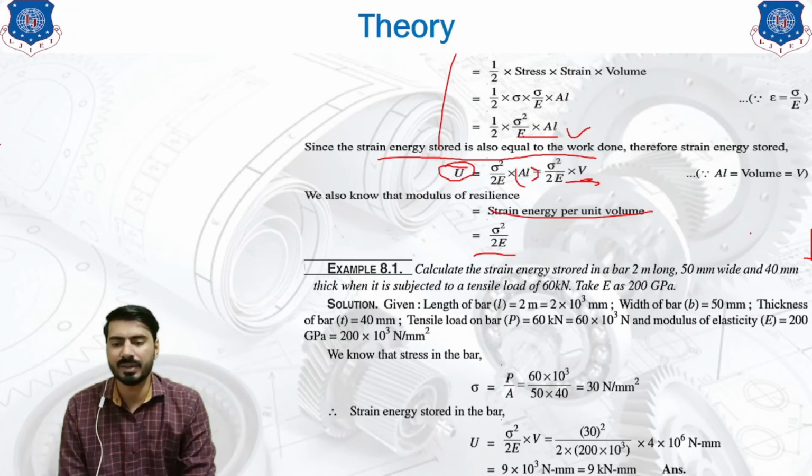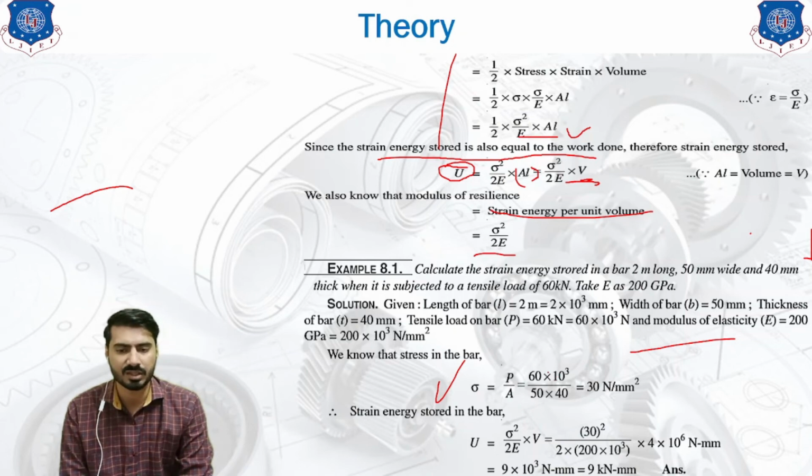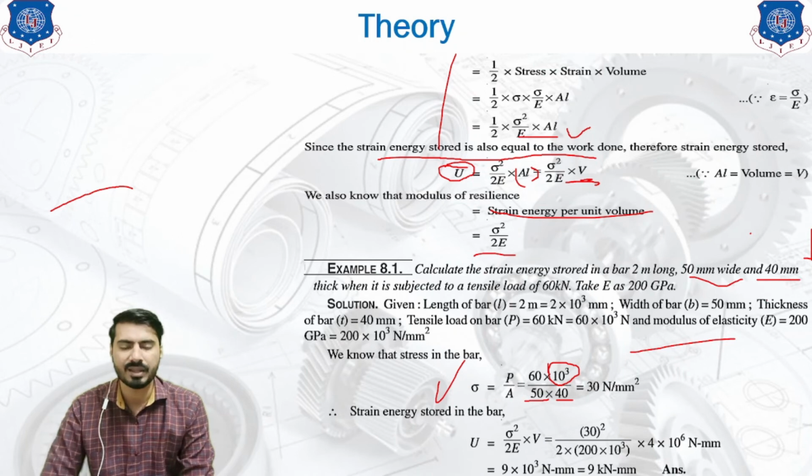Now we are going to find out our stress, which is nothing but force upon area. The force is 60 kilonewton, written as 60 into 10³ newton. The area is 50 by 40, since it is 50 mm wide and 40 mm thick. If you simplify this, you will get the stress as 30 Newton per mm square.